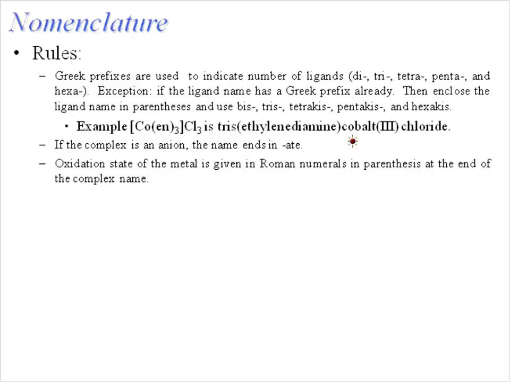Instead of tri, we rather use tris. And we put this thing in bracket also. So this is tris, then this En is called ethylene diamine. Bracket close. And then metal.